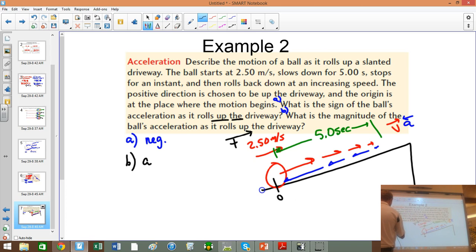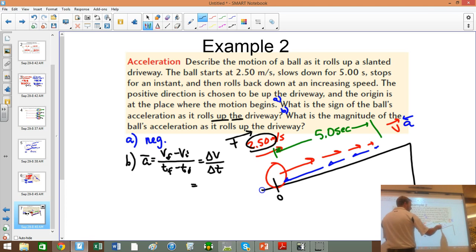Part B, what is the magnitude of the ball's acceleration as it rolls up the driveway? Remember, your acceleration is your final velocity minus your initial velocity over your final time minus your initial time, or just your change in velocity over your change in time. So my velocity changed. My final was 0. It stops. My initial velocity was 2.5.